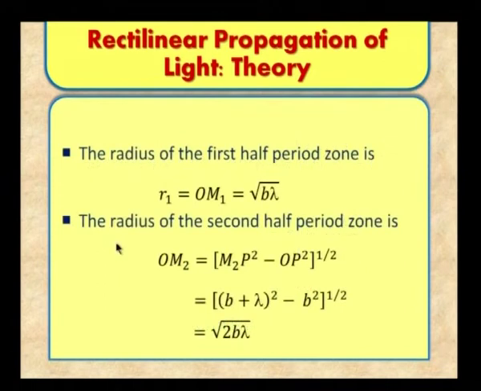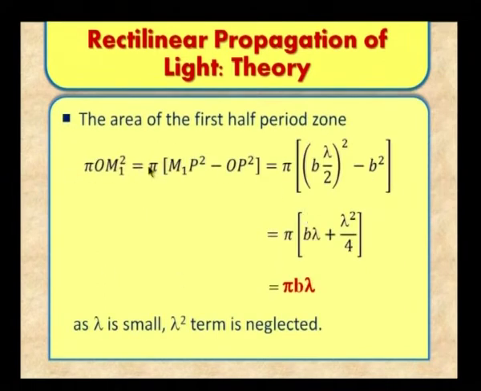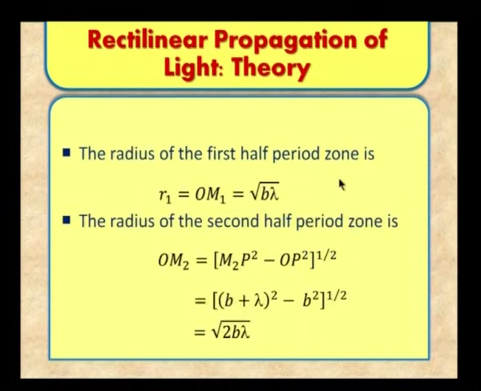Now I am talking about the radius of the first half period zone. Ym1 is equal to the square root of b into lambda. The radius of the second half period zone is Ym2, that will be M2P square minus OP square to the power of half. You can again refer back to the diagram I showed.